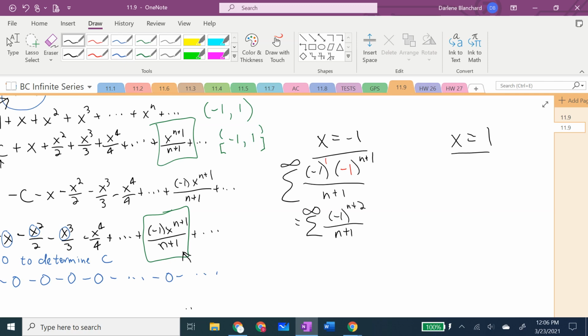Is it going to be a converging alternating series? The absolute value of its formula is something that will decrease to 0.